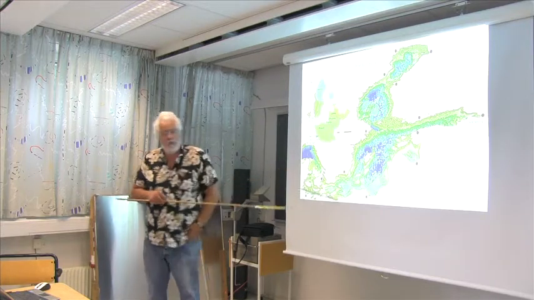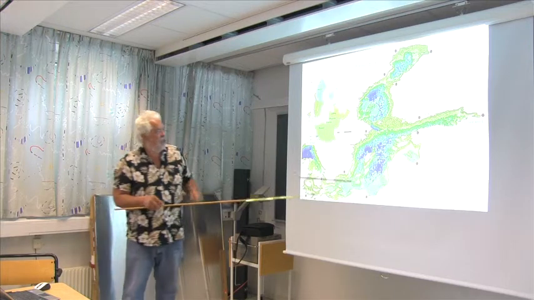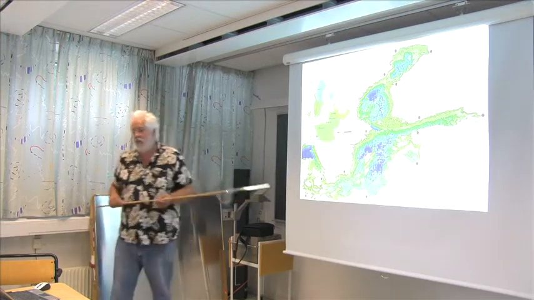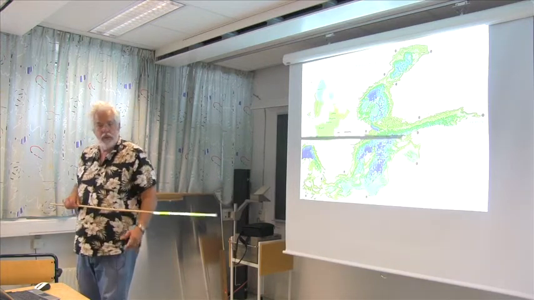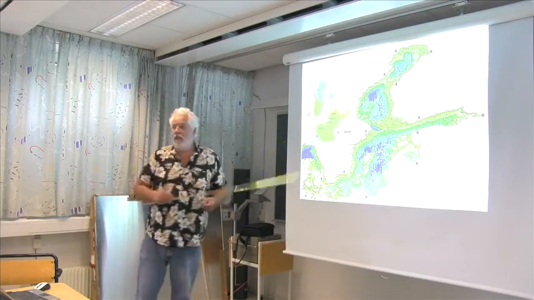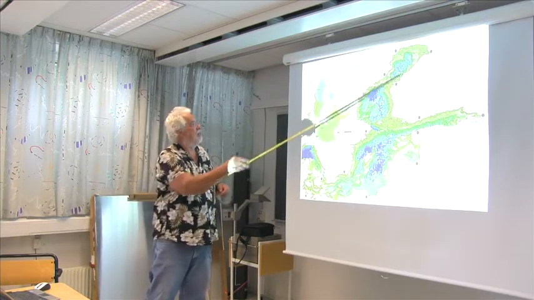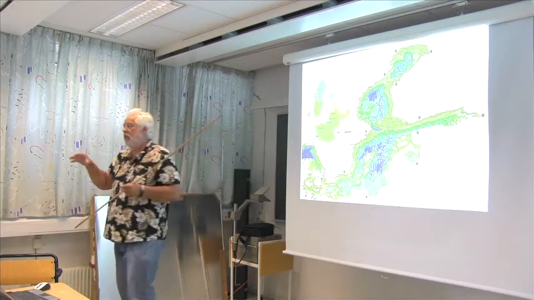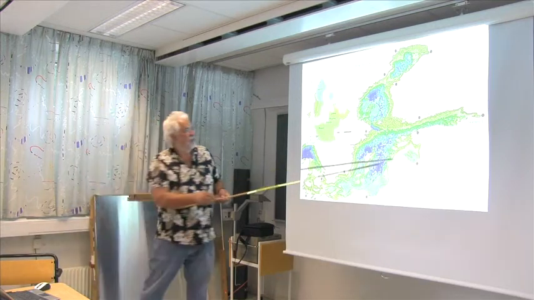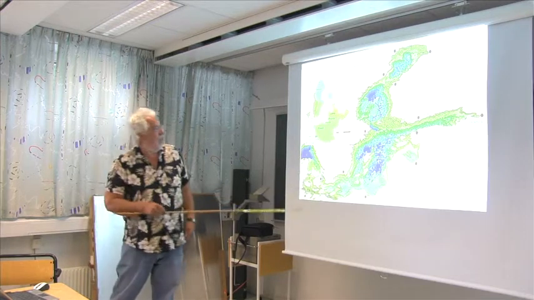But if you look at this map, there are another two features that I want you to see. There is a deep basin here, what we call the Baltic proper. Then we have the next deep area, and then we have a sill again, and we have the Bothnian Bay. So there are three different basins in the Baltic Sea, except for these small fringing areas here.